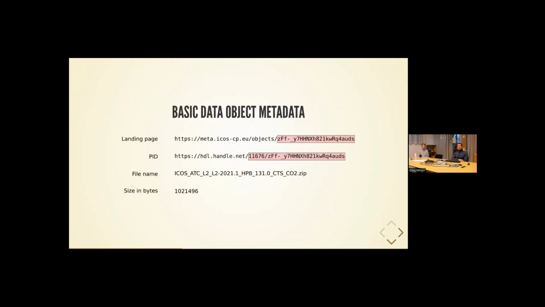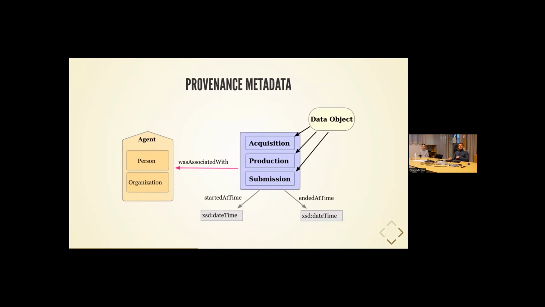First, of course, there are the basics of information about the data object, regardless of where it comes from or the nature of it. Typically, you want to have a file name. People think in files, and they want a file name for a data object, and usually it's useful. And then size in bytes is one. Also such a basic characteristic that will be relevant regardless of the nature of the data object.